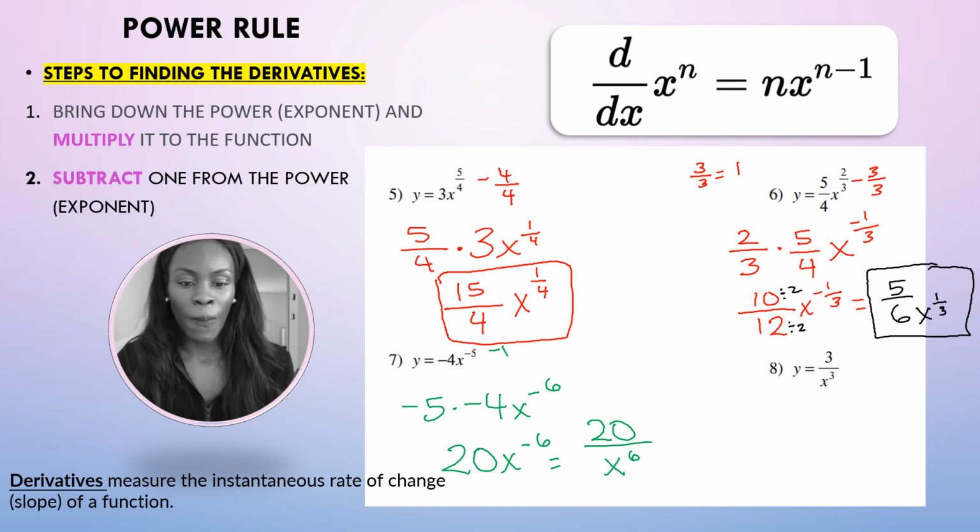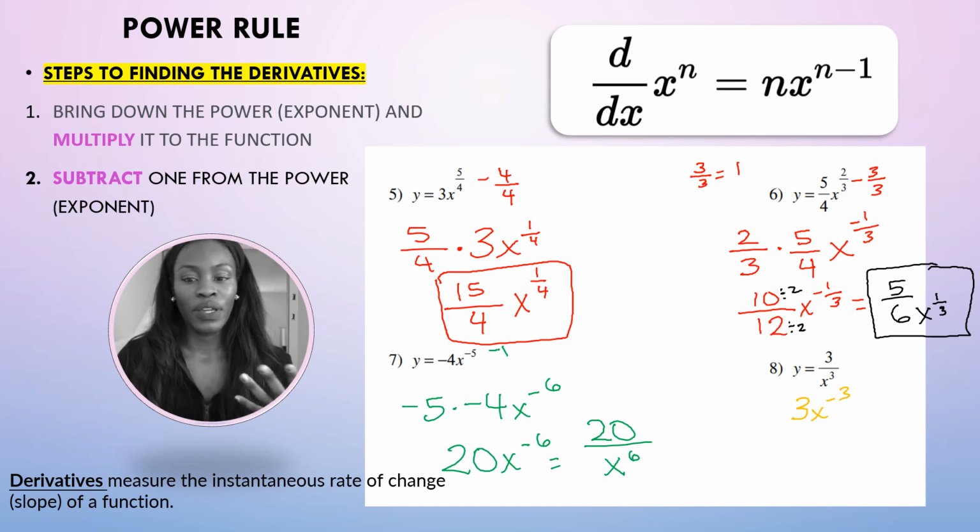All right, next one. Ooh, this looks pretty tricky here. What are we going to do? So what I'll do is I'm going to change this to where it's not a fraction. So I'm going to rewrite this as 3x to the negative 3.